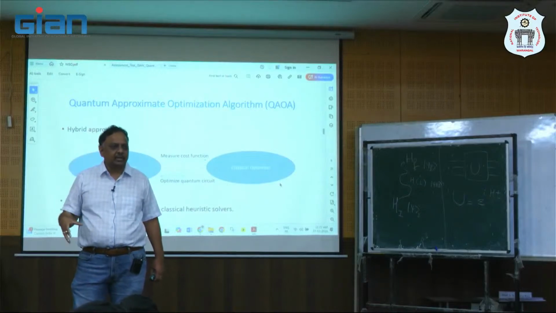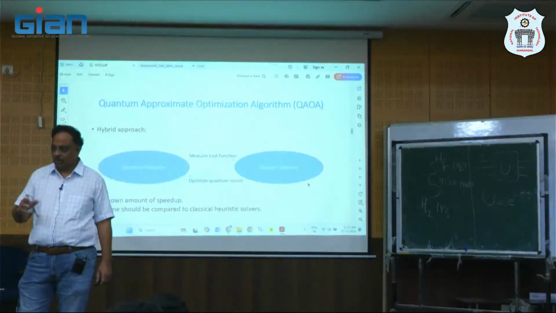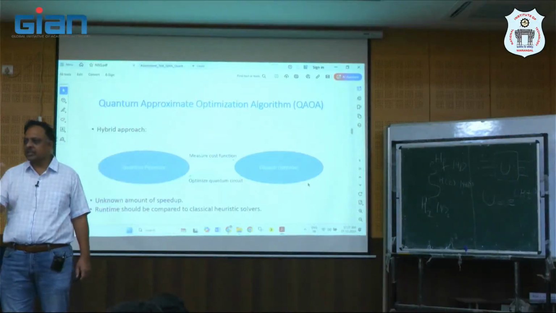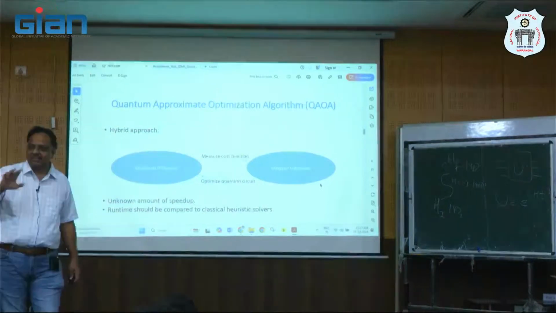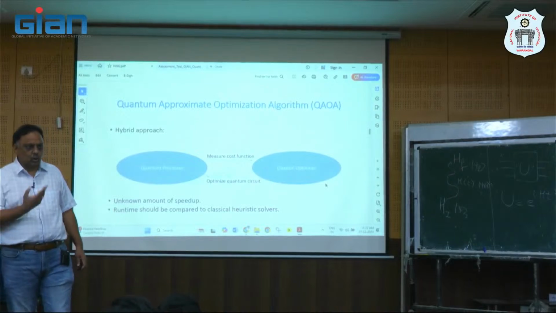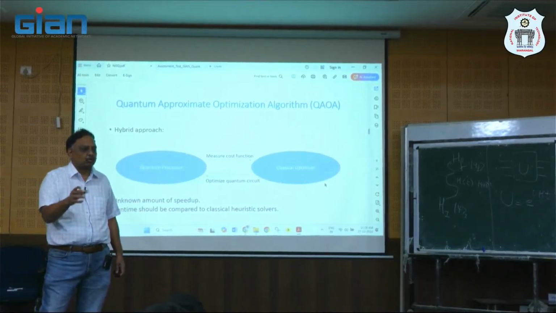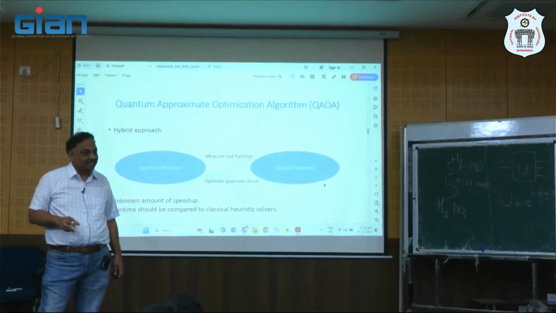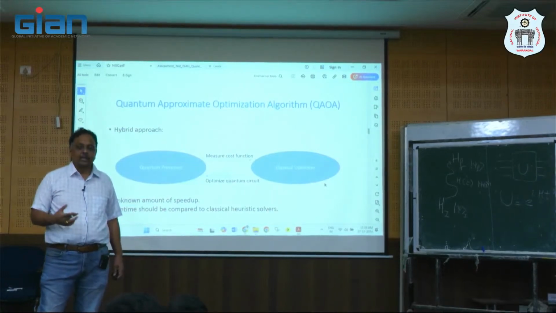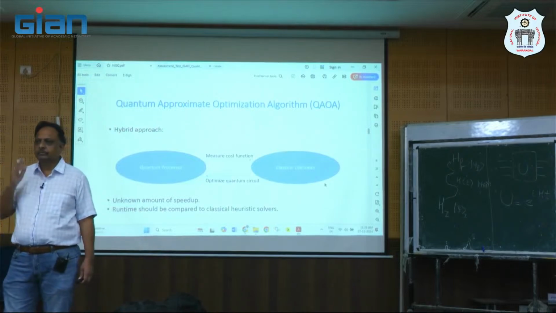Now the adiabatic theorem tells us that if you do the changes in your Hamiltonian slowly enough, then at the end, H F being the hard Hamiltonian, you have reached the ground state, or close to the ground state, of the hard Hamiltonian. So that is very good. That is what is called adiabatic computing.